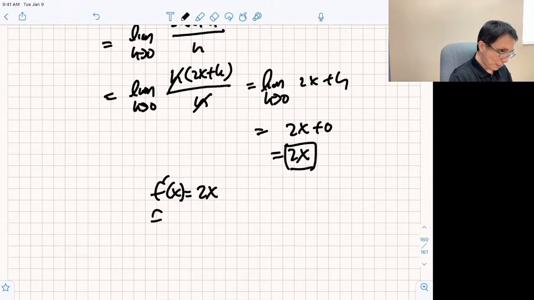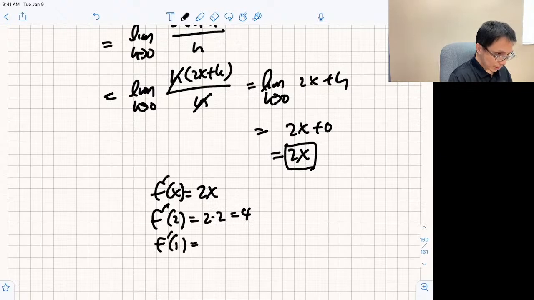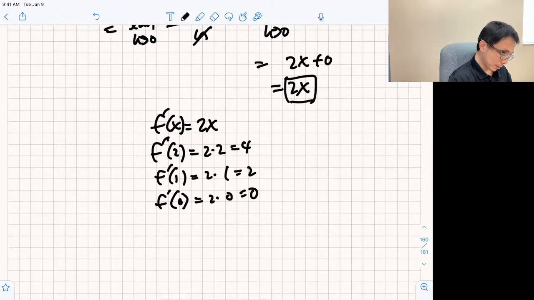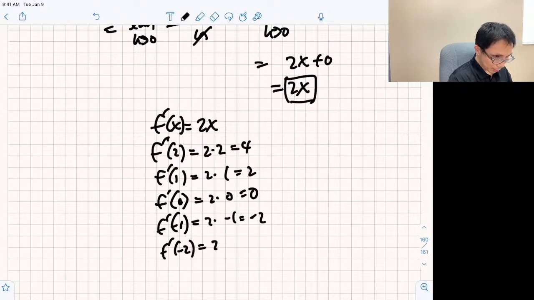Guess what? If I plug in 2, what am I going to get? 2 times 2 is equal to 4. If I plug in 1, it's 2 times 1 is 2. Just like what we did earlier. f prime of 0 is just going to be 2 times 0 equal to 0. f prime of negative 1 is going to be 2 times negative 1 equal to negative 2. f prime of negative 2 equals 2 times negative 2, which is negative 4.